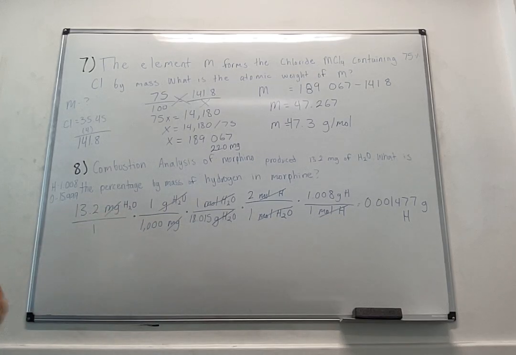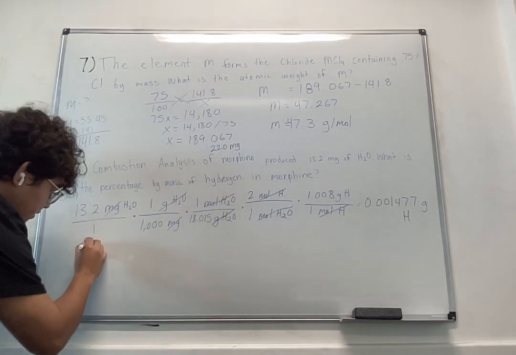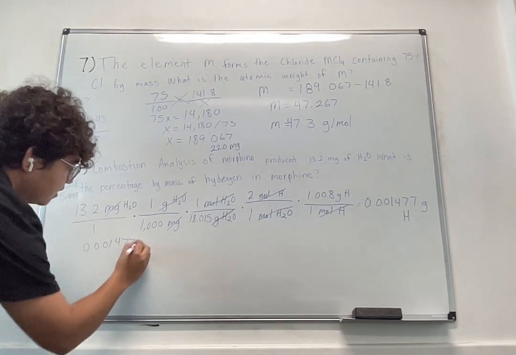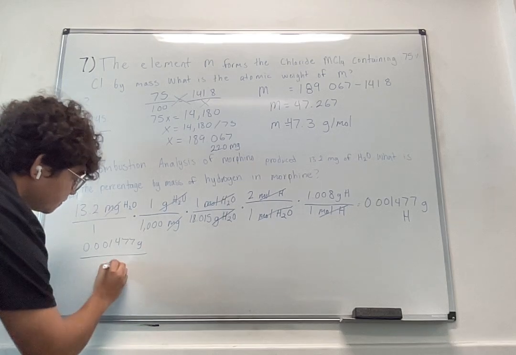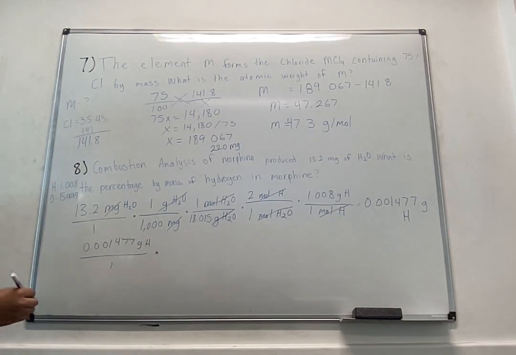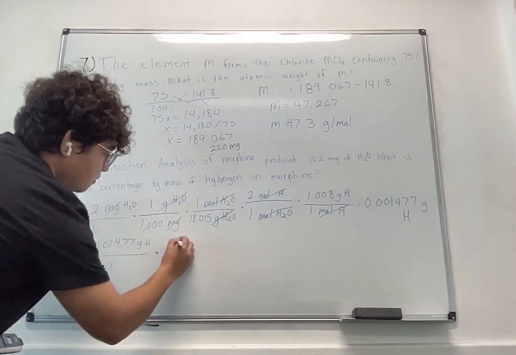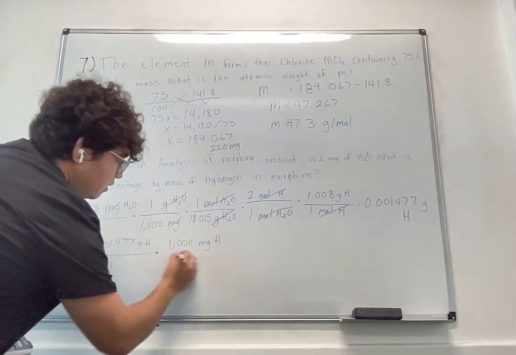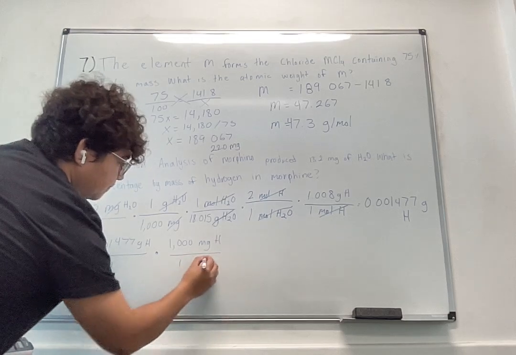So now we take our 0.001477 grams of hydrogen, and we multiply times 1,000 milligrams of hydrogen over 1 gram.